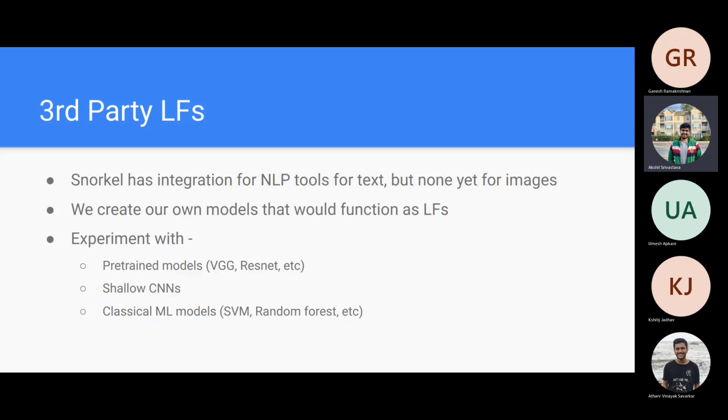But I couldn't find much text on training labeling functions for images. So I wasn't sure how many labeling functions we should use and which models we should use for aggregating data.